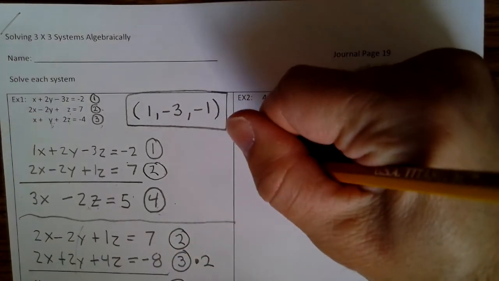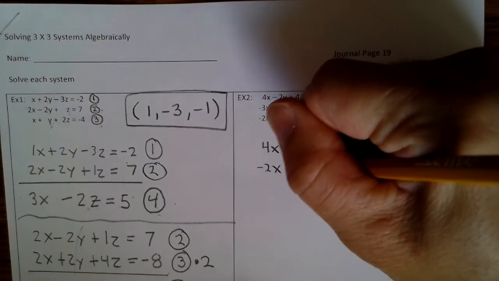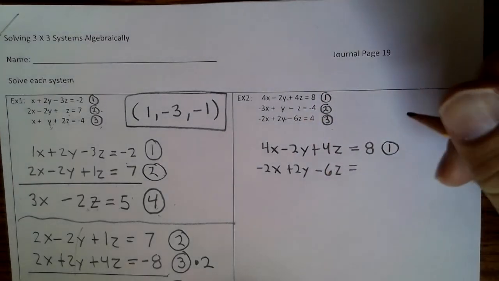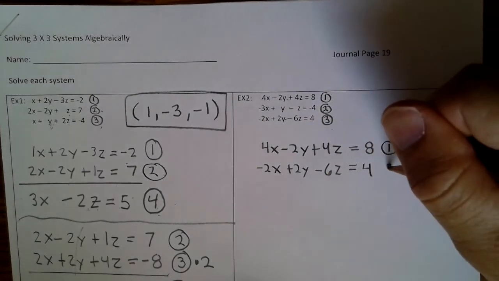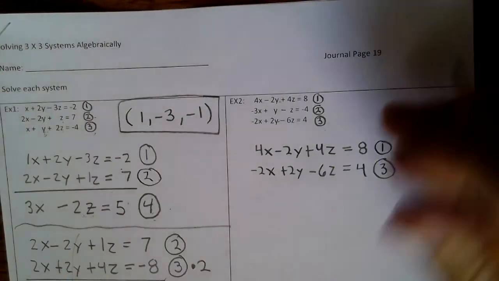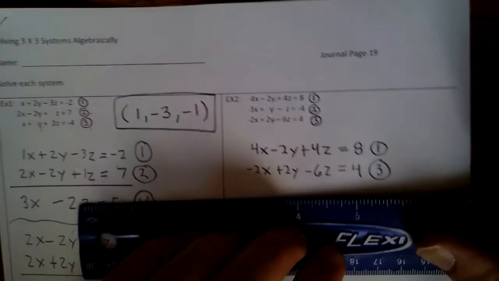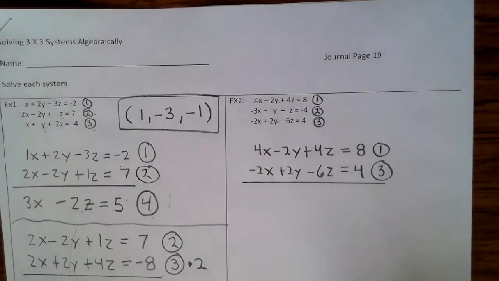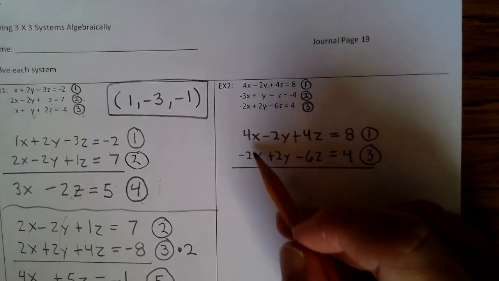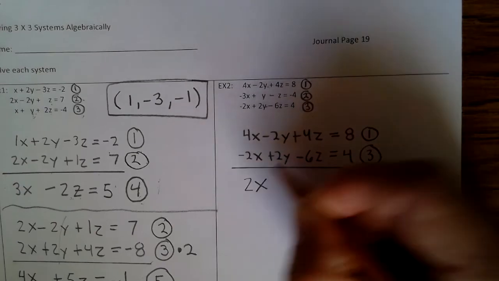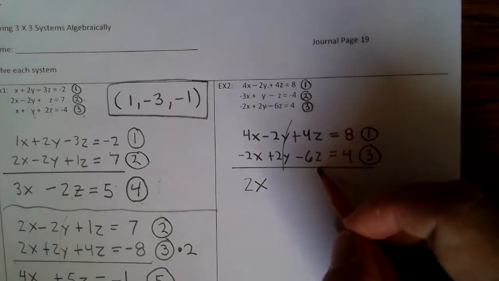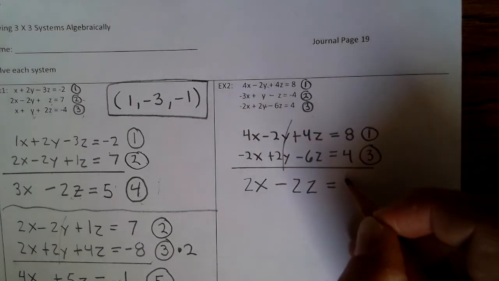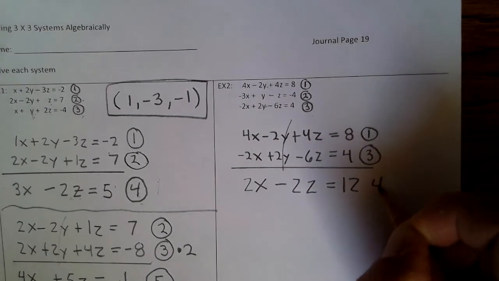Equation 3, negative 2x plus 2y minus 6z equals 4. Well, we'll see here that 4x minus 2x is 2x. The y's cancel. 4z minus 6z is minus 2z equals 8 plus 4 is 12. And this is going to be equation 4.